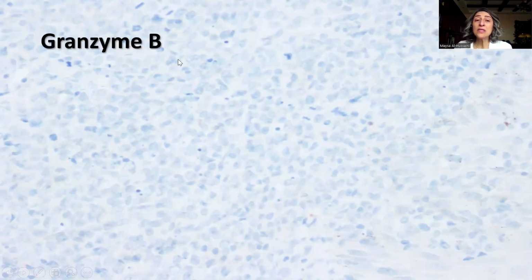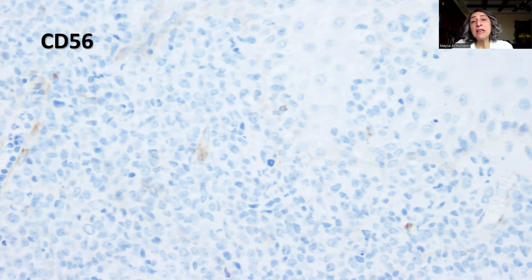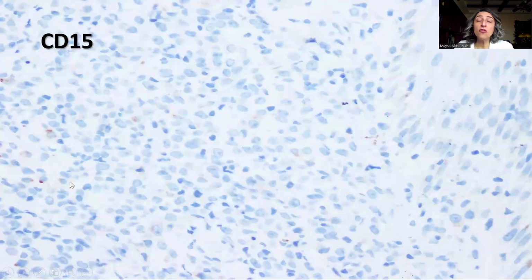Now, granzyme sometimes can show some positivity. In this particular case, there were some scattered positive cells here and there, not really an impressive immunostain, and CD56 was largely negative, because we have to consider the possibility of an extranodal NK-type lymphoma.